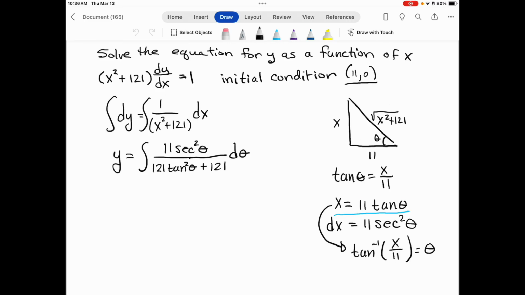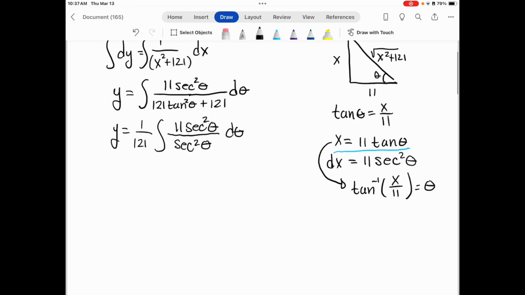I'm going to factor out the 121 in the denominator. And then what's left in the denominator is tangent squared theta plus 1. And tangent squared theta plus 1 is an identity which is equivalent to secant squared. So in the denominator now we have secant squared theta, and on the top I have 11 secant squared theta.